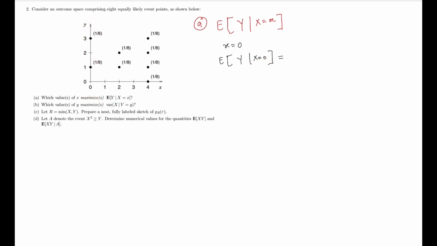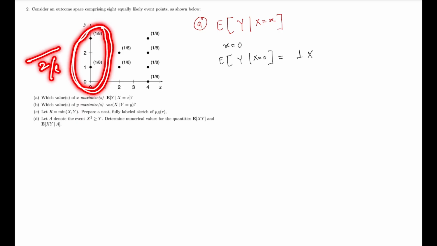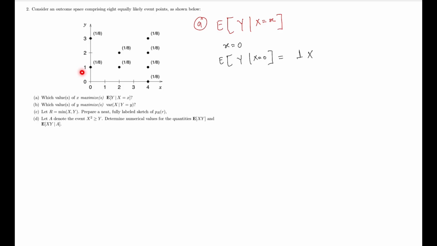So it will be 1 times the probability that Y takes the value 1. Here we will be talking about the conditional probability. We are living in this universe, so the total probability in this universe is 2 divided by 8, and the favorable one is 1 divided by 8. So the probability that Y takes the value 1 given X is 0 is 1 divided by 2, plus 0.